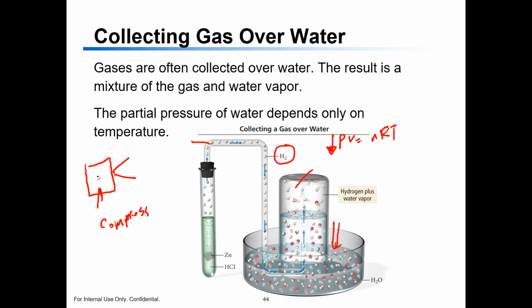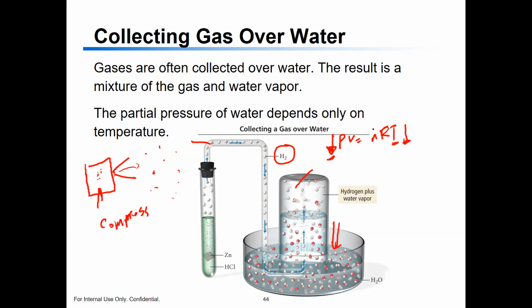When the gas is all compressed here, the liquids are all next to each other, but when they come out, the particles become like a gas, spread out, right? Does that make sense? Pressure is going to go down. What happens when pressure goes down? Temperature goes down.